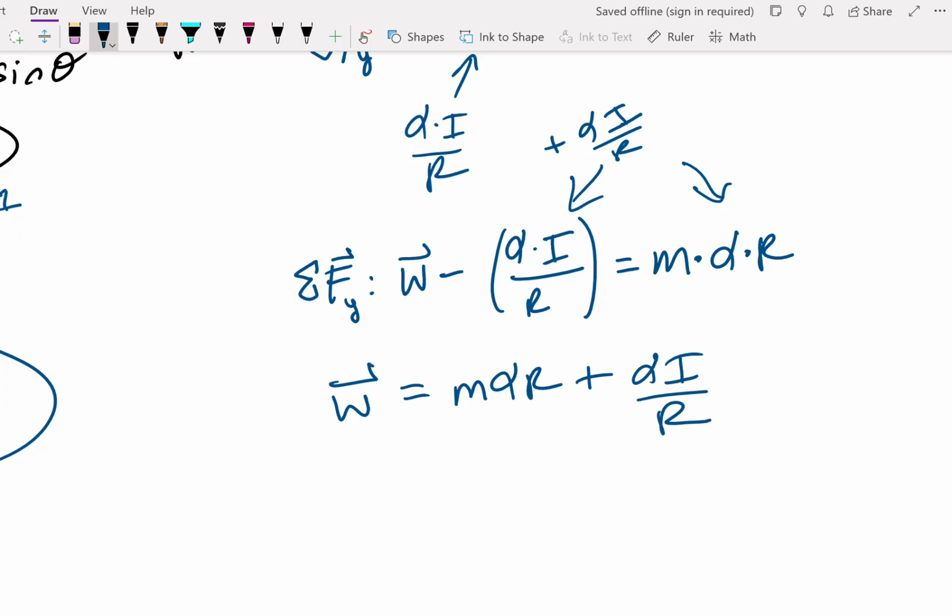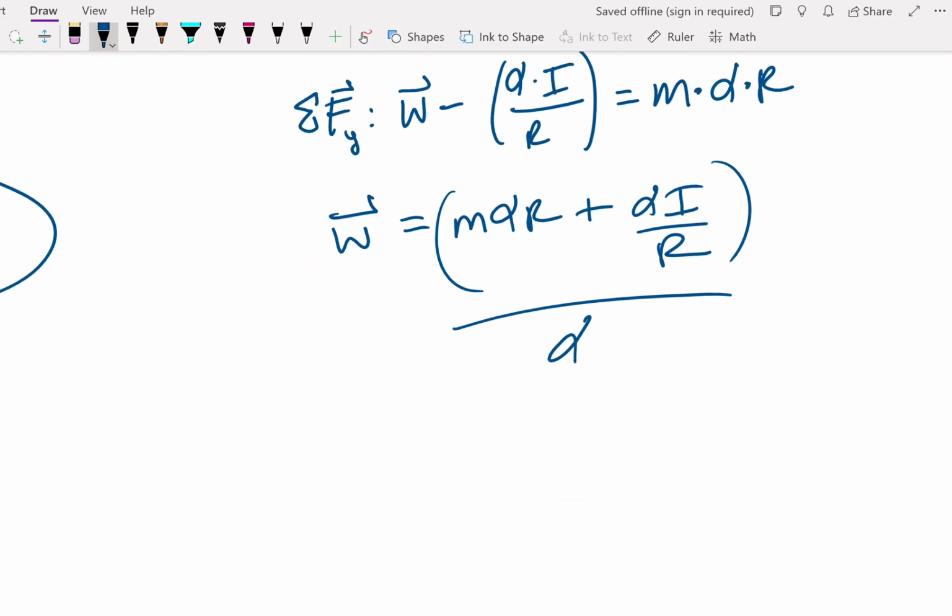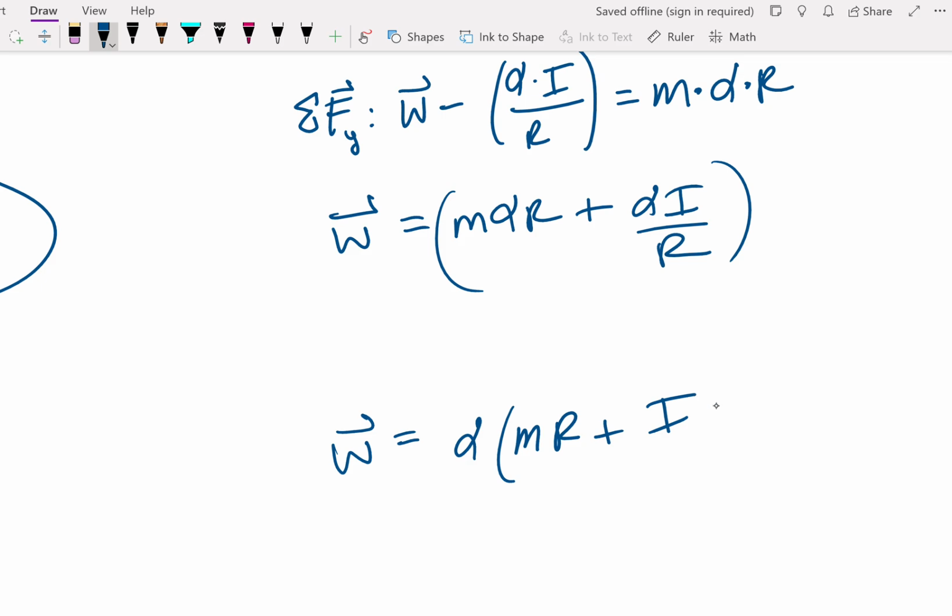And now what I want to do is factor out angular acceleration. So we have weight is equal to angular acceleration times, on the outside, mass times radius plus inertia divided by the radius.